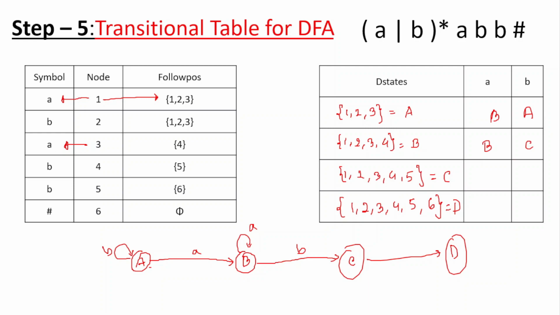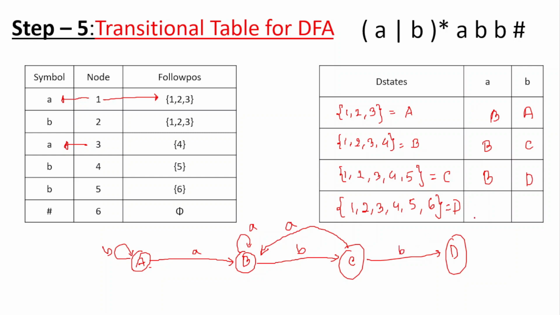Let's see, 1 and 3 represent A, and from 1 I get 1 to 3, from 3 I get 4, so it is representing B only. So when I get A, I am going back to B, and when I get small b, let's see, 2 represents 1 to 3, 4 represents 5, and 5 represents 6, so I can get to the new state, that is D, by small b.